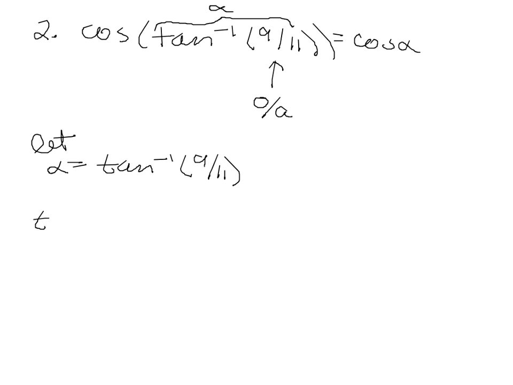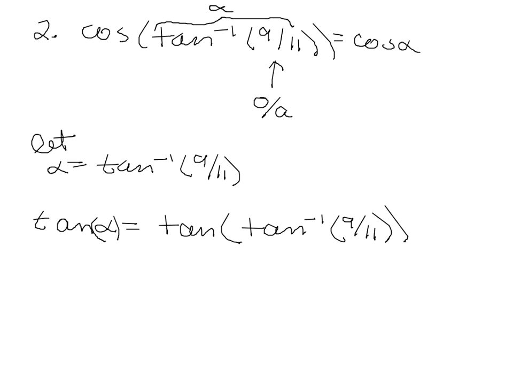Now I'm going to apply tangent to both sides. I'm not multiplying both sides by tangent. I am taking each side and applying the tangent function. And just like before, we have a function and its inverse. If you remember from the last recording, whenever the regular trig function is on the outside, it always just crosses off.